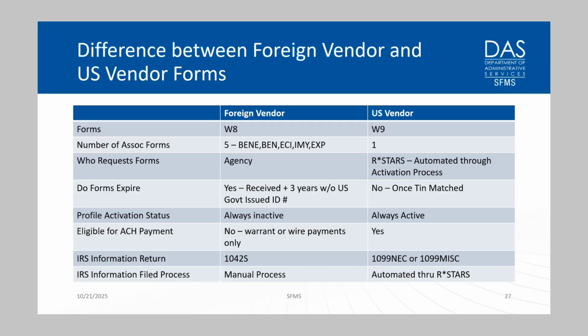We have programming within R*STARS that helps us produce the 1099 NEC and MISC reports, and there are reports for the agencies leading up to the IRS filings that you can go through and review. Foreign vendor filing is completely manual, completely held within SFMS.